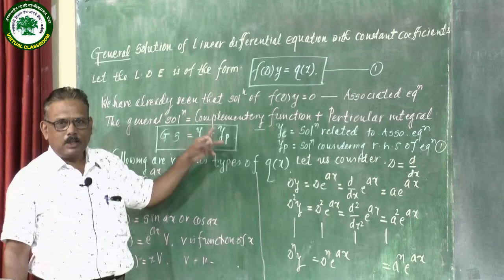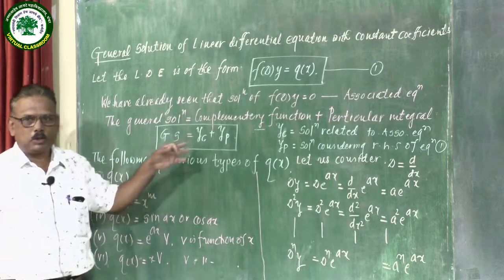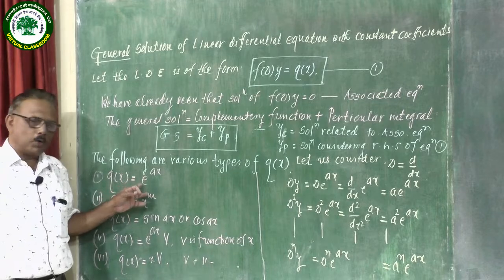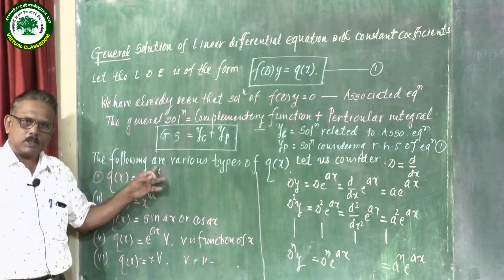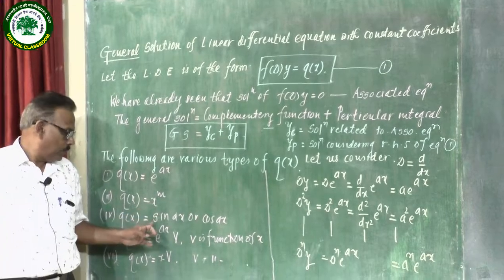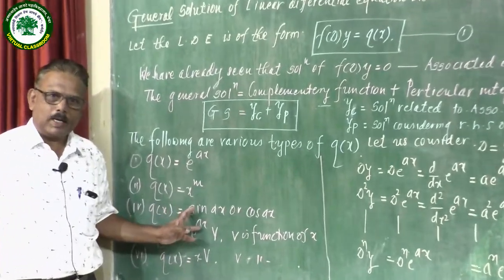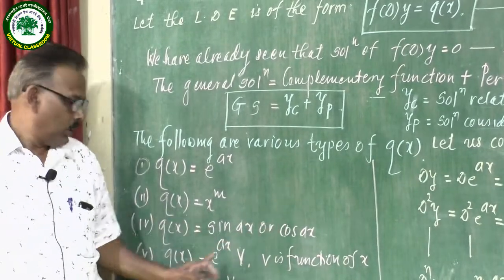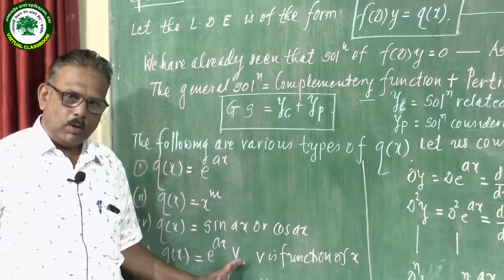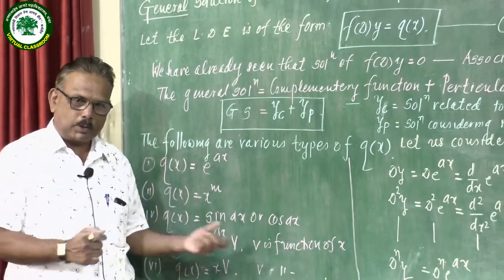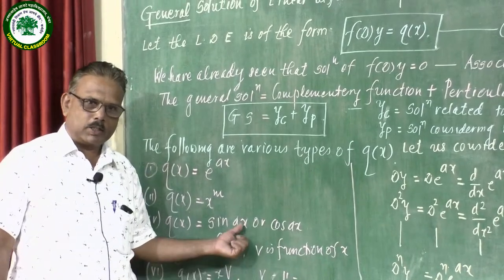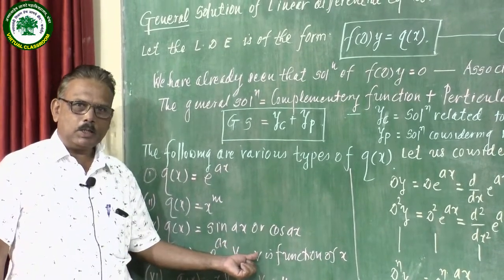Here Q(x) can have different values. For example, Q(x) is equal to e raised to ax, Q(x) is equal to x raised to m, that is a function of x, Q(x) is equal to sin ax or cos ax, Q(x) is equal to e raised to ax into V, where V is also a function of x, that is a product of two functions of x: e raised to ax is one function and V is another.